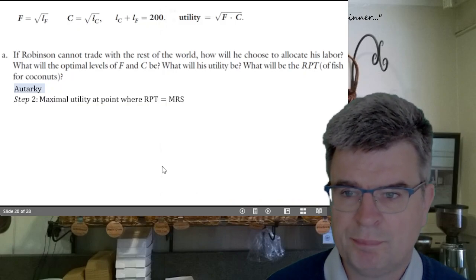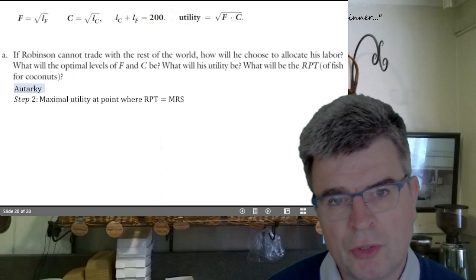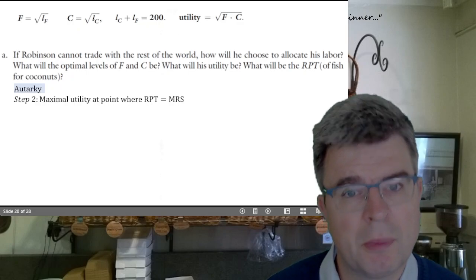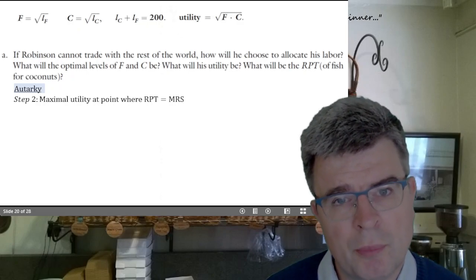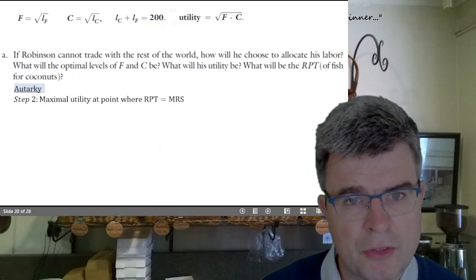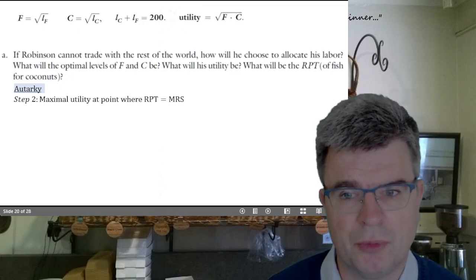Okay, so Robinson will choose the production of fish and coconuts such that he reaches maximal utility, and the point where his utility is maximal is where the rate of product transformation is equal to the marginal rate of substitution.